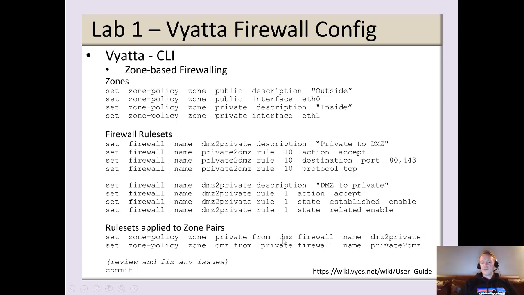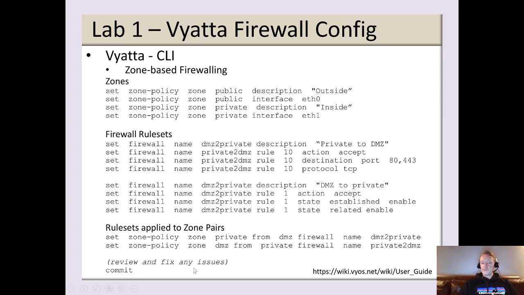Private from DMZ or DMZ to private, we apply that rule. So we're allowing this here, packets to 80 and 443 TCP packets. So web traffic, we're allowing private to DMZ, and we're allowing return traffic back.